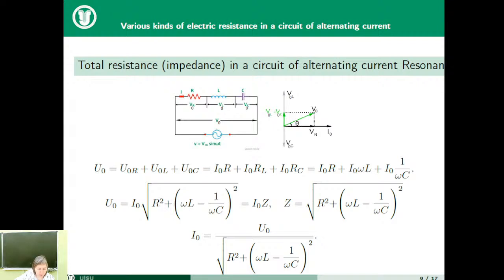From the formula for the impedance Z it follows that the closer the values omega L and 1 divided by omega C, the less the impedance Z, and the more current in this circuit.